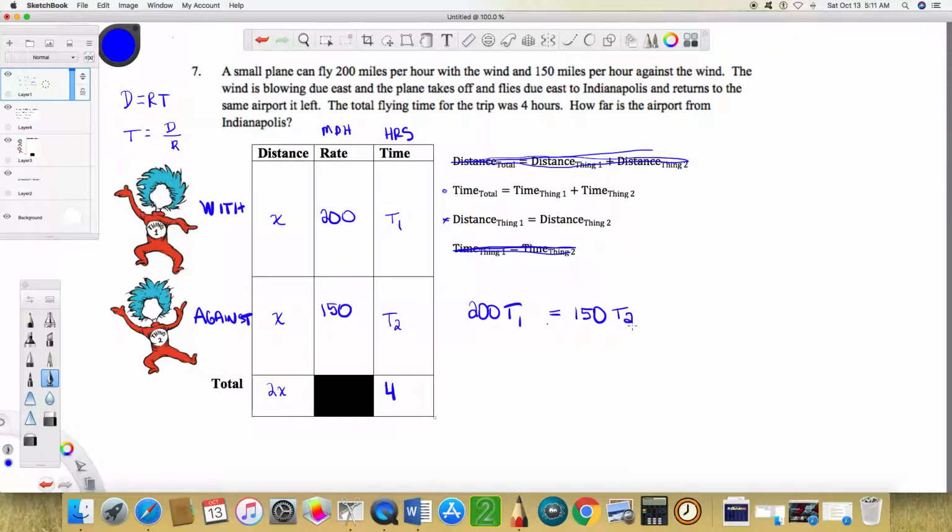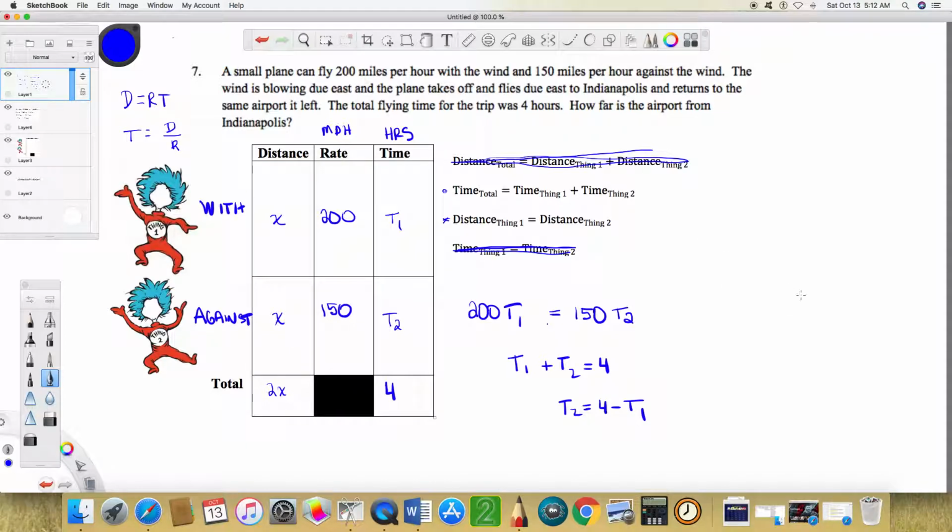But I also have another relationship: t1 plus t2 is 4 hours. I know that. So I can substitute in, and rewrite this equation as t2 is 4 minus t1.